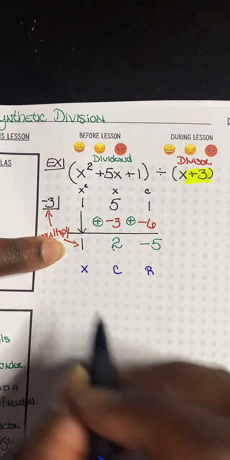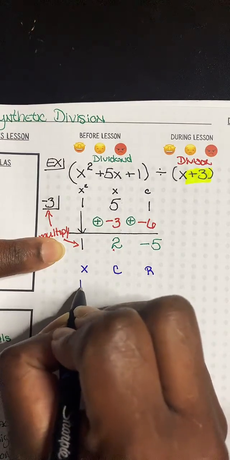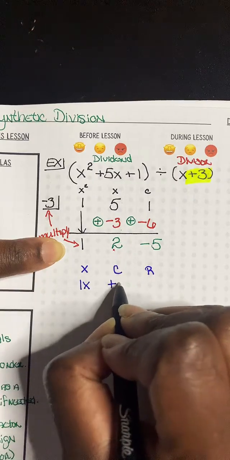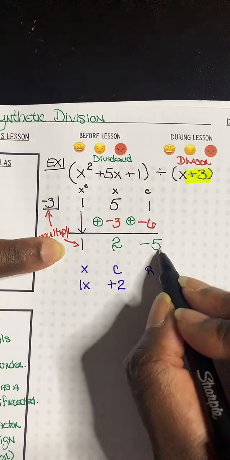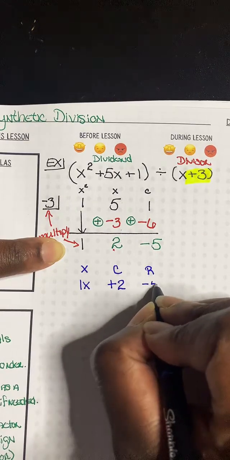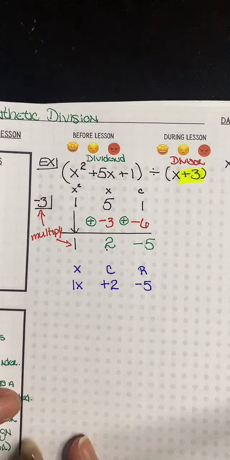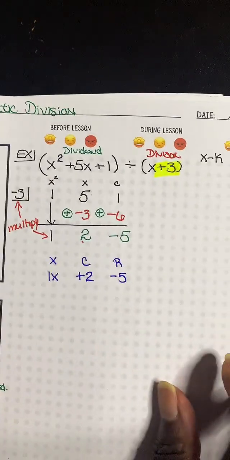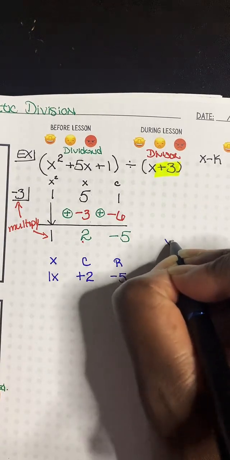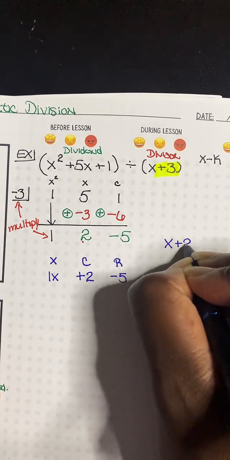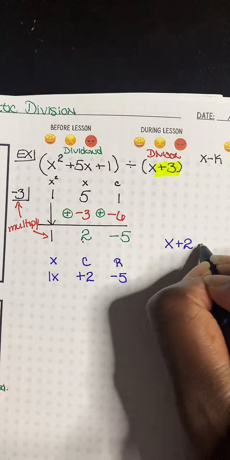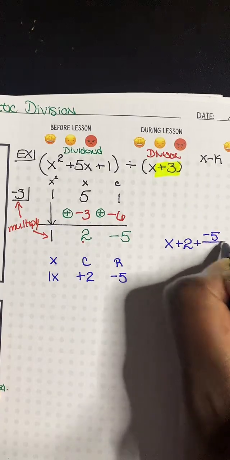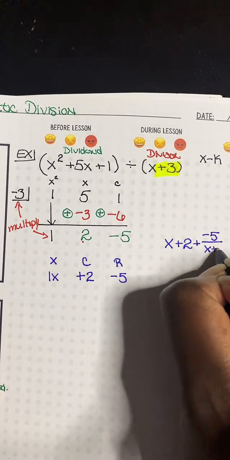So I'm going to have 1x, the constant is a positive 2, so plus 2, and I have a remainder of negative 5. So my official answer for when I divide those two is x plus 2, okay? And I could say plus negative 5 over my divisor, which is x plus 3.